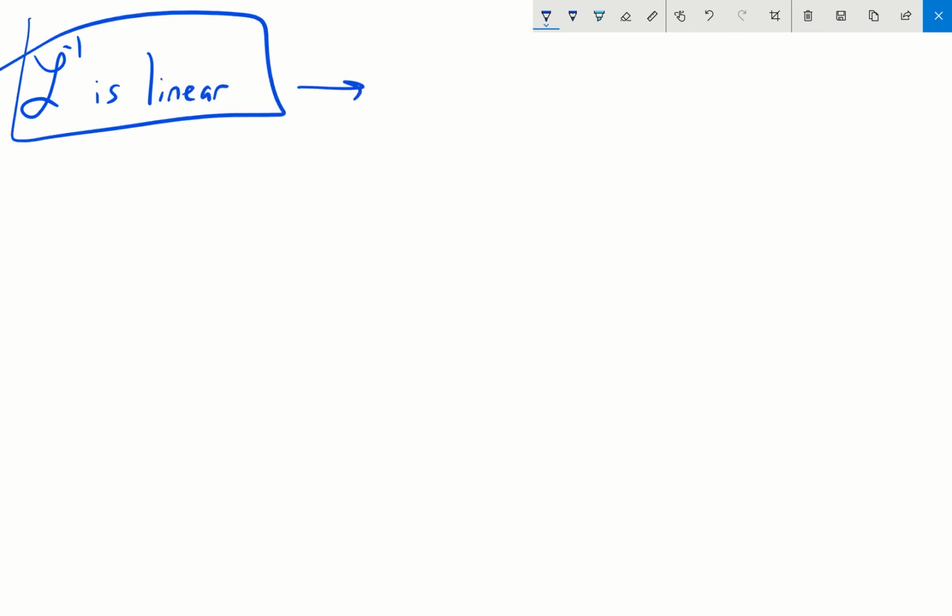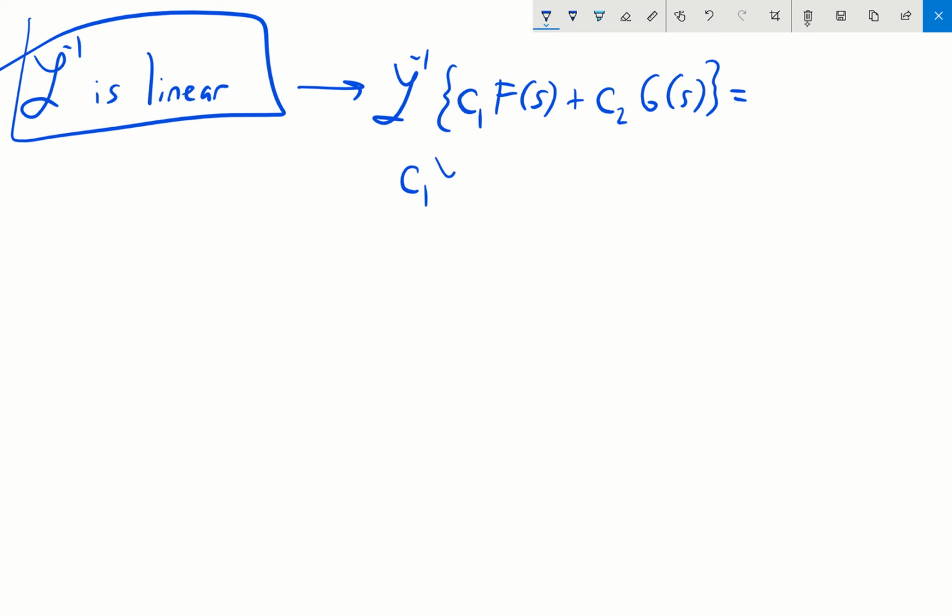Meaning that if we have the inverse Laplace transform of C1 F of s plus C2 G of s, where these are functions of s, then this would be equal to C1 times the inverse Laplace transform of F of s plus C2 times the inverse Laplace transform of G of s. With that in mind, let's try and take a look at example 2.